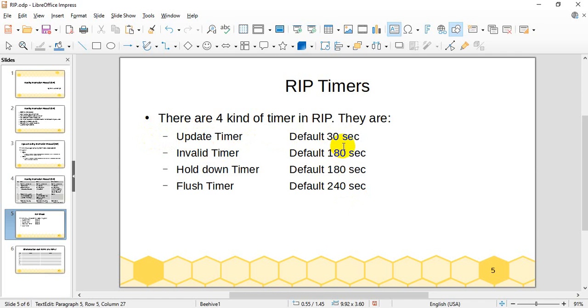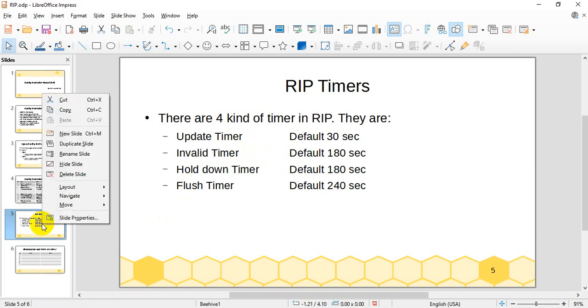Update timer will take 30 seconds, invalid timer will take 180 seconds, hold down timer will take 180 seconds, and flush timer will take 240 seconds. These are the default values of the update, invalid, hold down, and flush timers, okay.